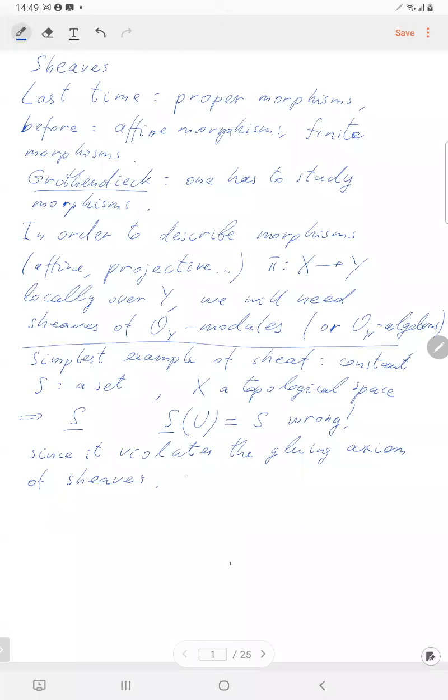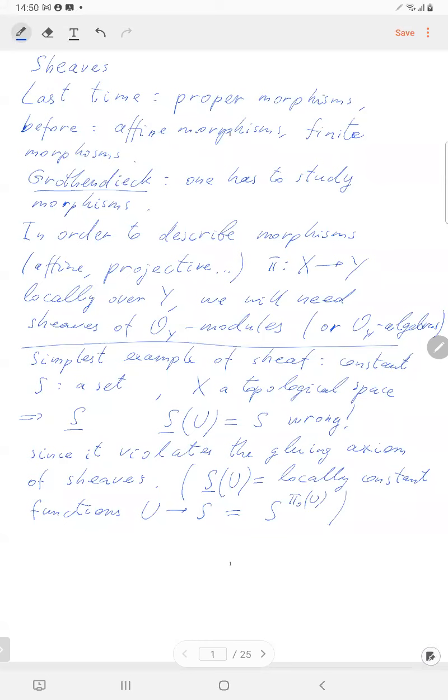Well, let me just formulate the correct answer. So this is, so to say, locally constant functions from U to S, or in other words, this is S to the power of the set of connected components of U. Okay, so this is the correct answer.